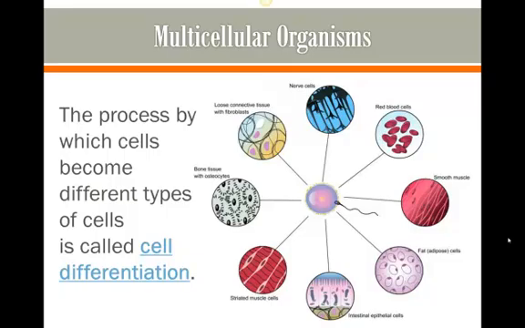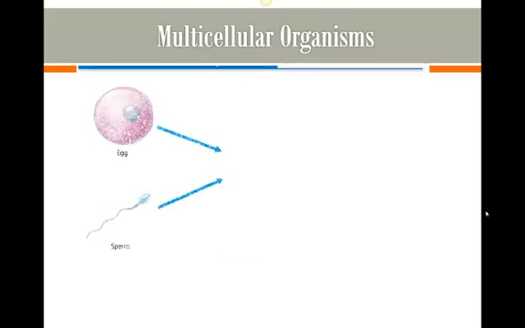This is going to be some striated muscle cells, and on and on and on. So when this starts happening as you are developing inside your mother's womb, that process is called cell differentiation. That's the process.